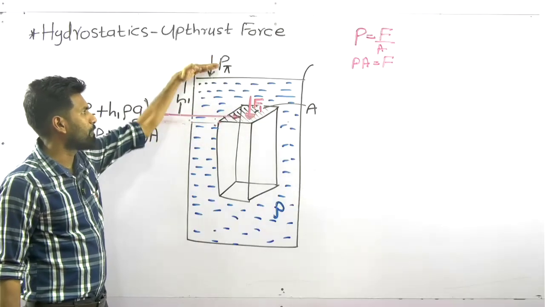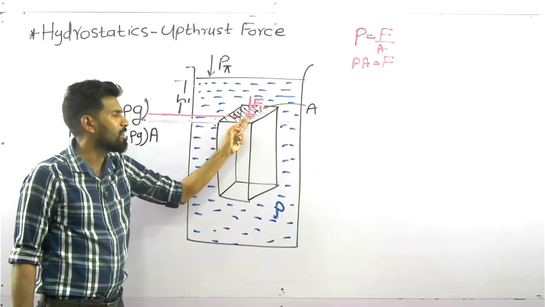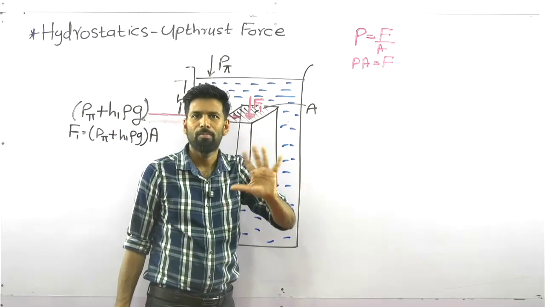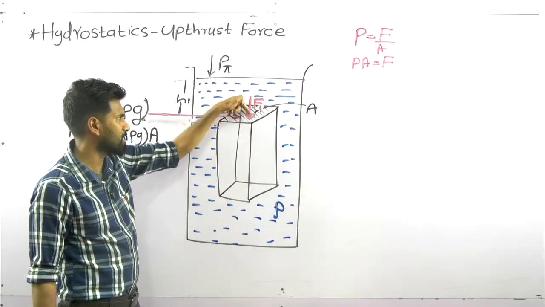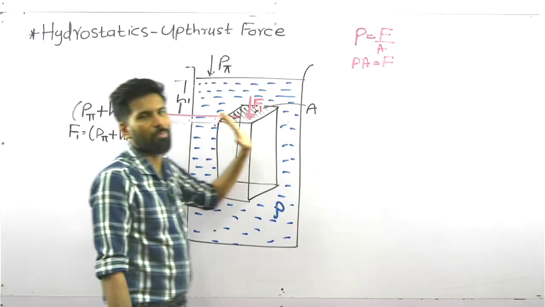When you multiply the pressure at that level by the area, you get the force created, as per last week's theory. So in this rectangular object, a force F1 is acting downward. Finish up to that point.